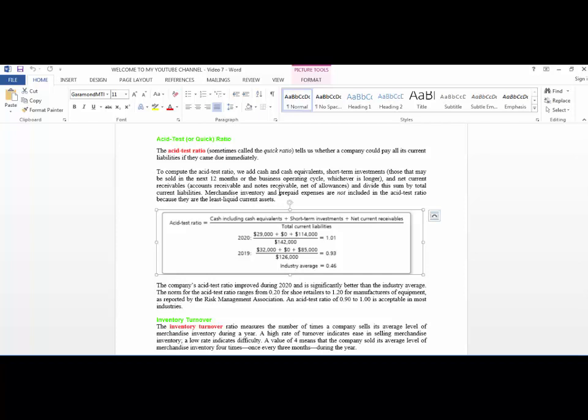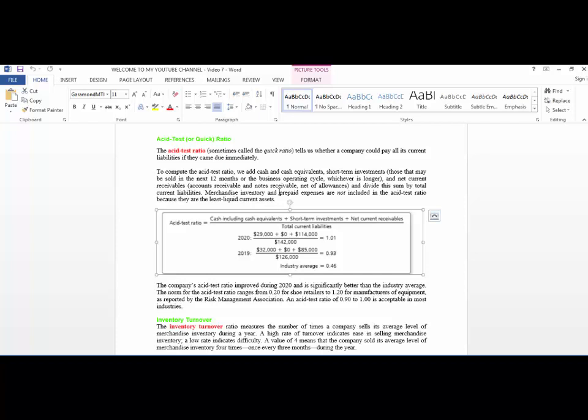Now, we can expect that a firm is a shoe retailer or a manufacturer of any equipment, and the indicator is based on whether the ratio is 0.20 to 1.20, then it is acceptable.